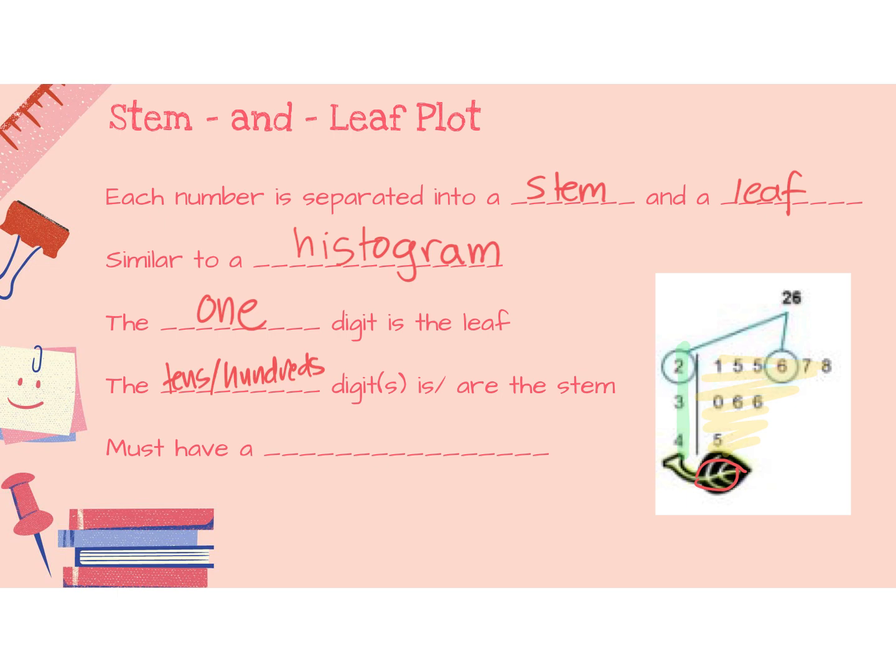And an important thing about stem and leaf plots is that they must have a key. So we can see our key up top. It grabs that 2 and that 6, and that becomes 26, because that 2 is the stem, which is the tens place, so that makes it 20. The 6 is the leaf, it's that ones place, so it becomes 26.